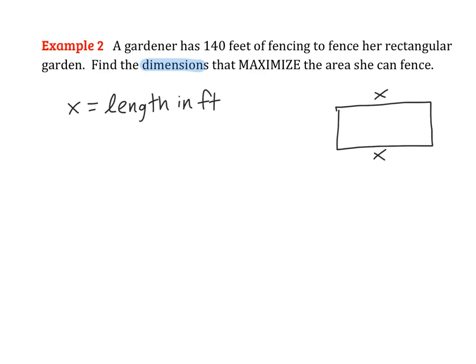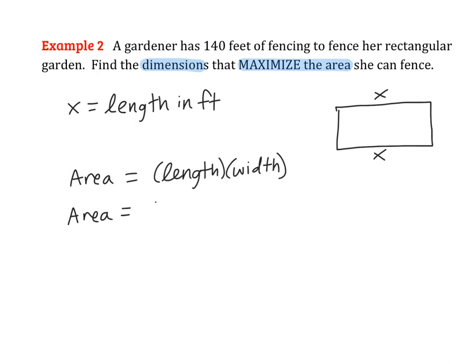So now I look and I see that they want us to maximize the area. So that means we're going to need to find some way to model area in terms of x. So we know that area of a rectangle can be found by doing length times width. Now here, we already see that the length can be defined as x.